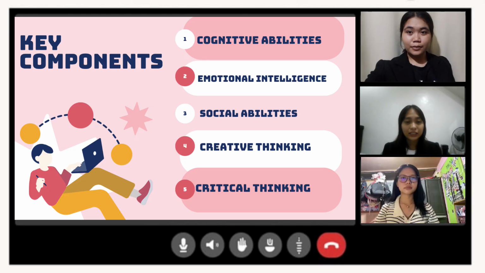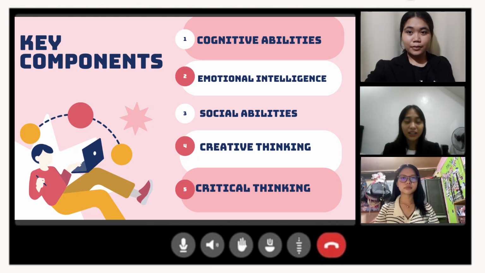This is analyzing information carefully to make a good judgment. Critical thinkers can differentiate between fact and opinion and make informed decisions based on evidence.